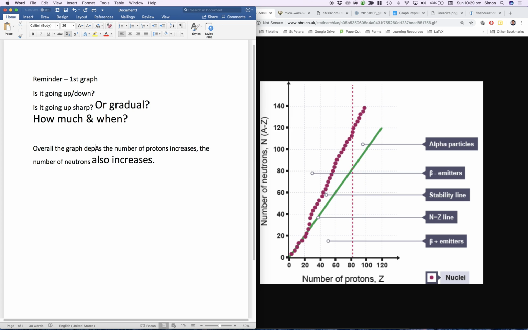The graph shows as the number of protons increases from 0 to, okay, looks like 100 protons is where the points sort of stop. From 0 to 100.